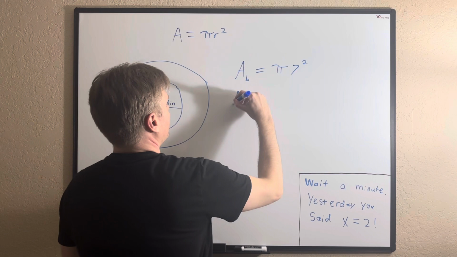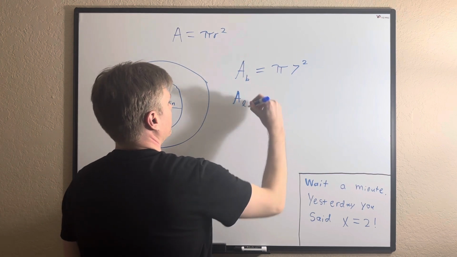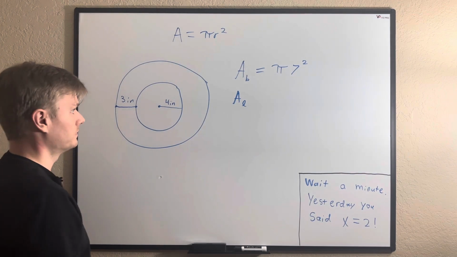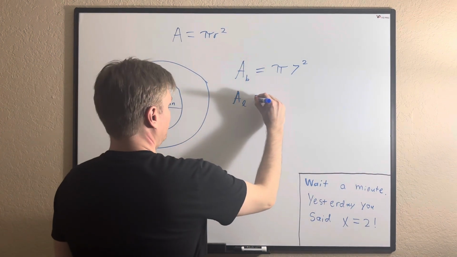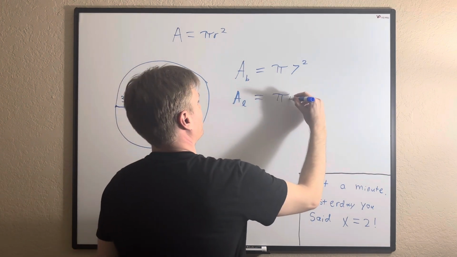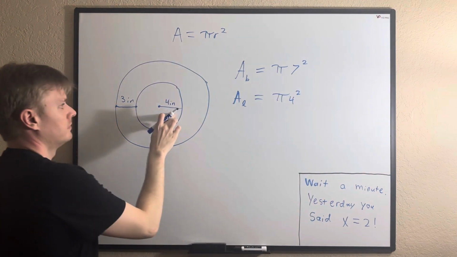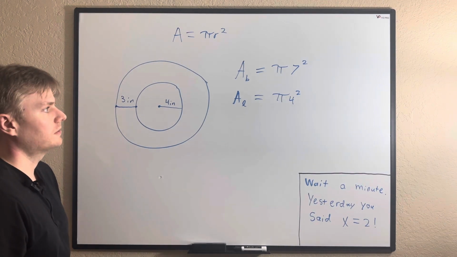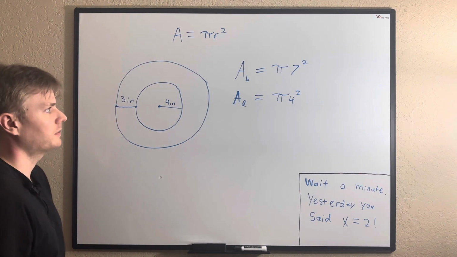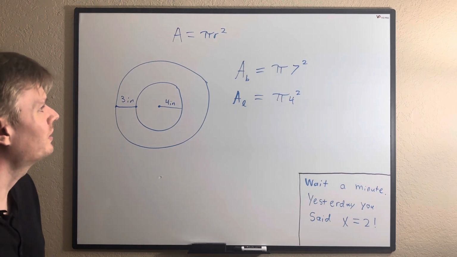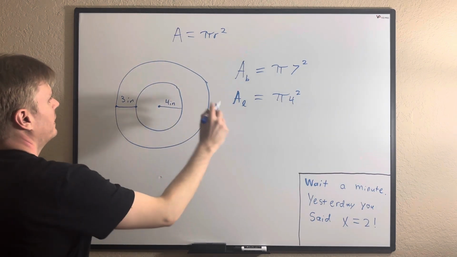And what is the area of the little circle? Use a little cursive L to represent the little circle. Well, that's just pi times 4 squared, because the little circle has a radius of 4, so we were given that from the beginning. So we know the big circle and we know the little circle.